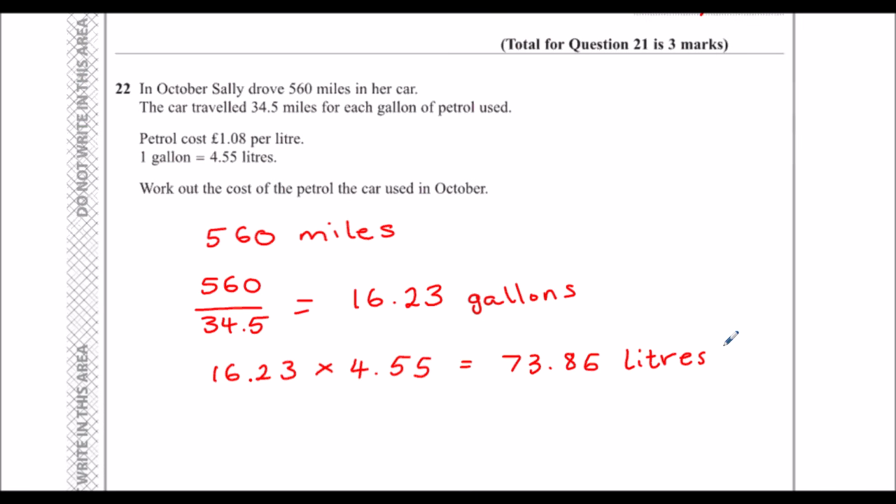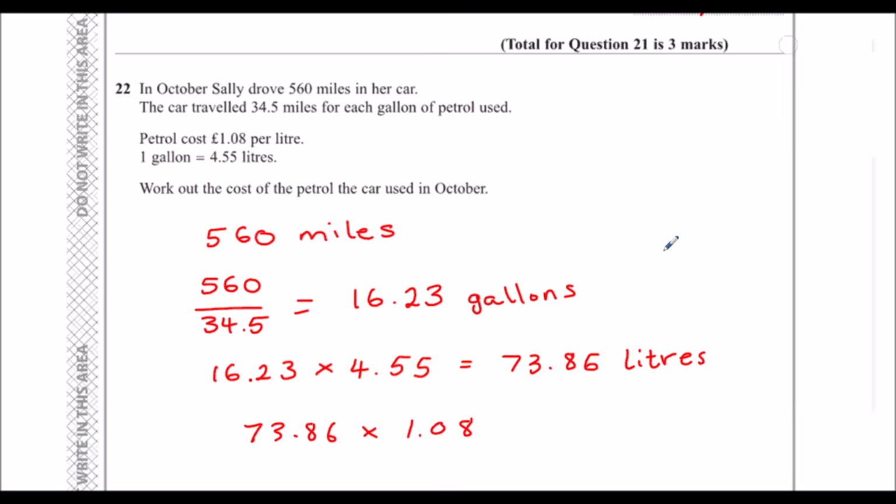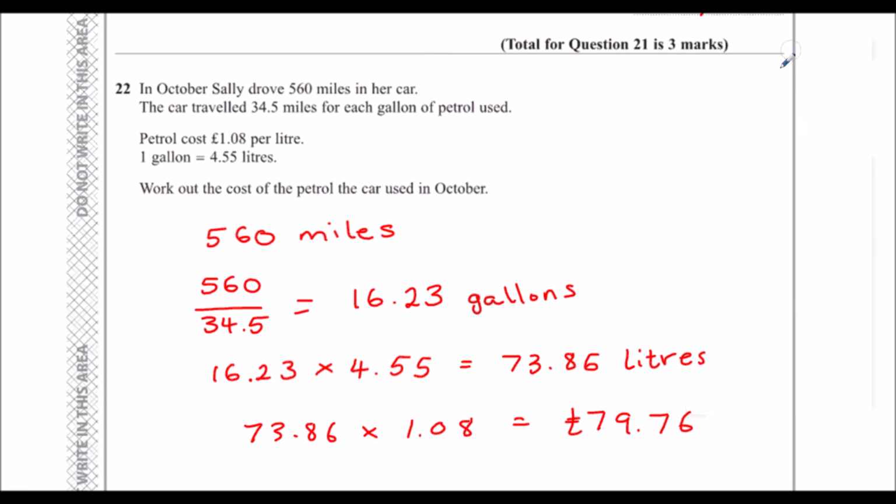And we've got to pay £1.08 per litre. So we're going to times that answer again by 1.08 this time. So we've got £79.76. I've rounded to 2 decimal places because it's money. So 79.76.